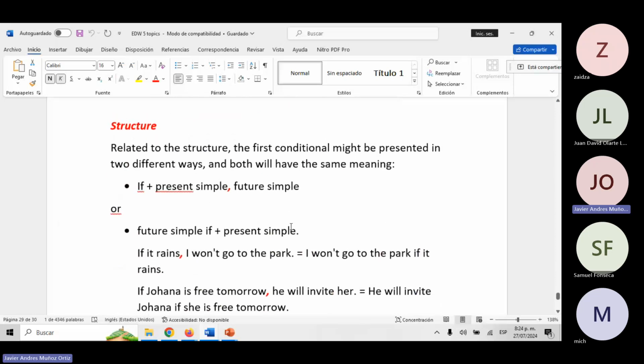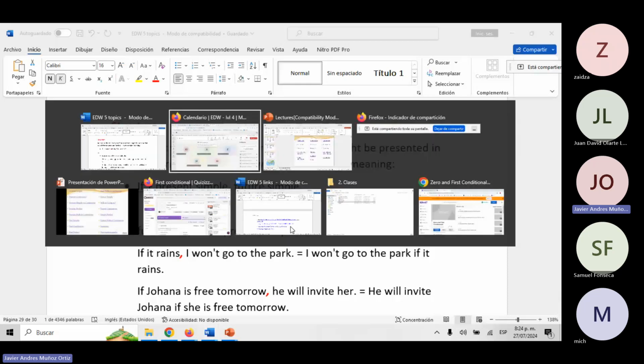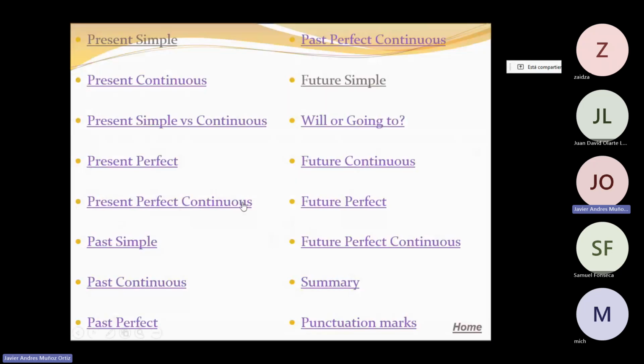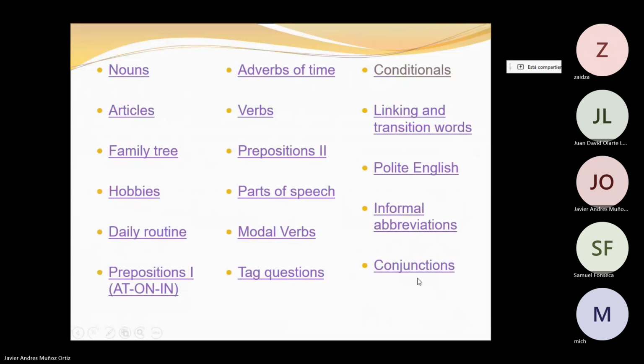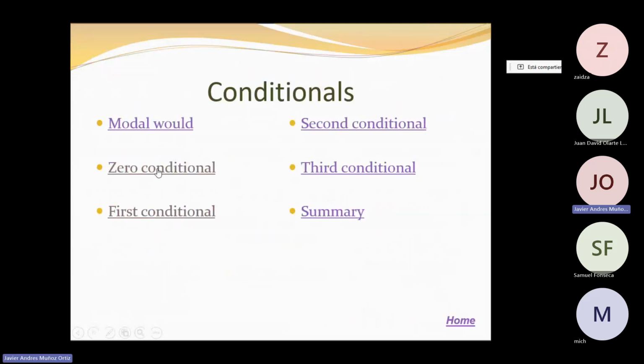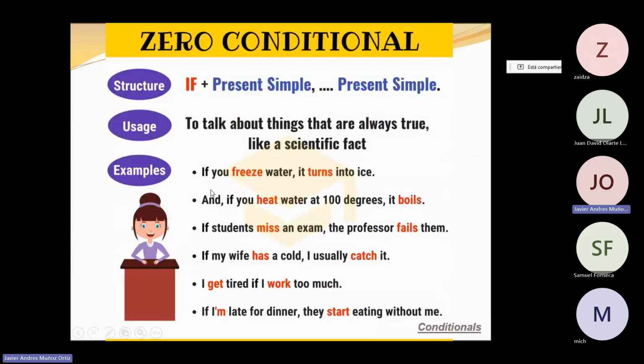So how is this conditional going to work? What's the structure? With zero conditional, let's return for a moment, we said that the cause is going to be mentioned with simple present tense, and the effect is going to be mentioned with simple present tense again, because we are predicting something that we know is true, that's going to happen.